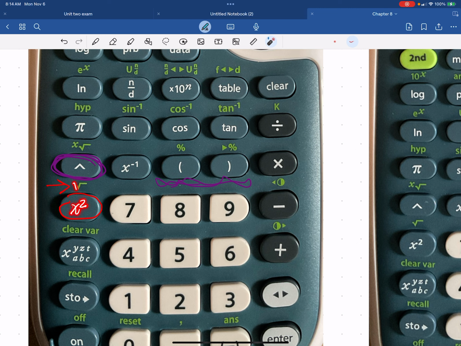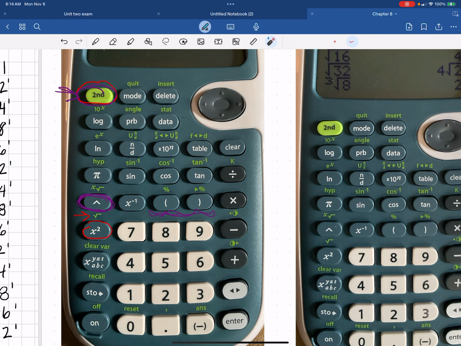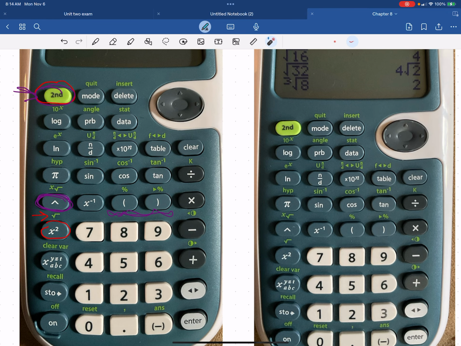Now the square root undoes the square. And what's kind of nice is a lot of these functions, what are called inverse functions, are always the second function associated with the key. So if you have something that's squared and you need to undo it, look right above it. That's how we undo it. So to get the square root symbol, we have to hit second and then x squared.